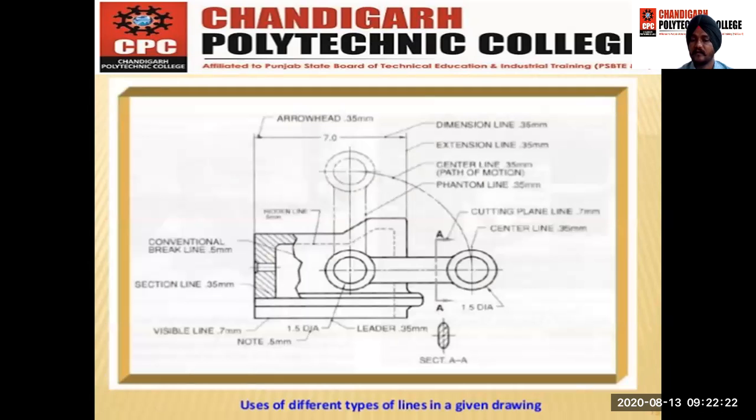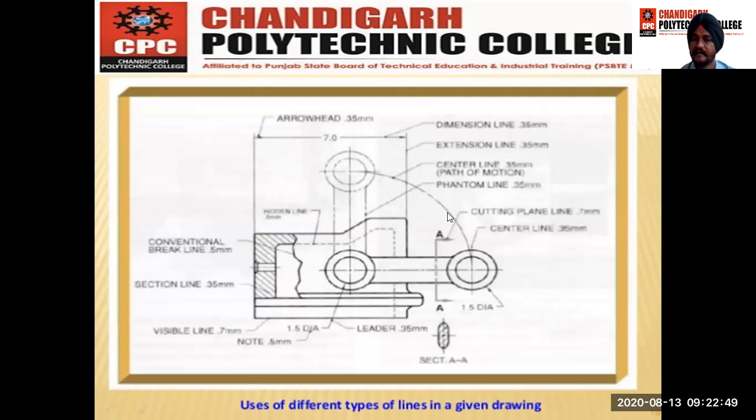Use of different types of lines in a given drawing. Here is how to use different kinds of lines in drawing. For example, this is a dimension line with arrowheads at the corners. This line is used to indicate the dimension value of the object, from this corner to this corner. What is the length of the object? You can easily indicate it with the help of the dimension line.